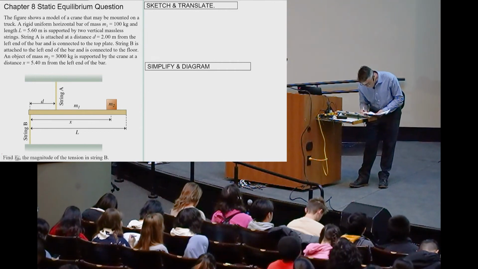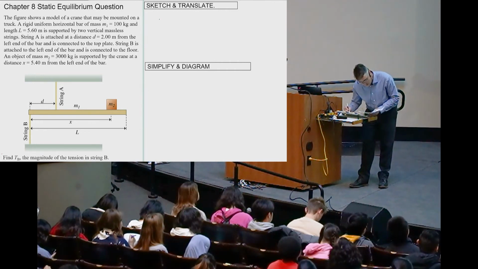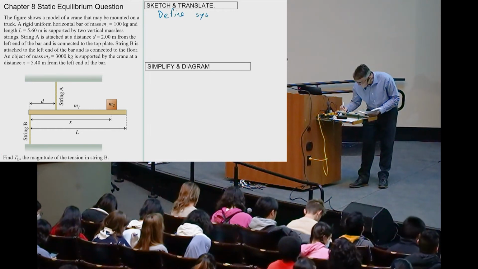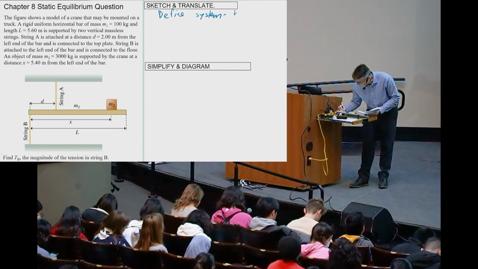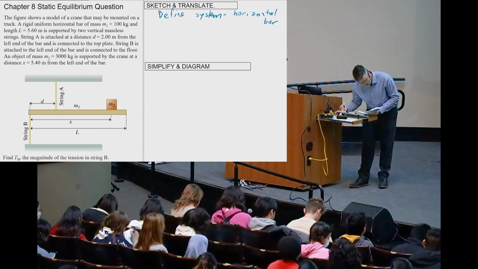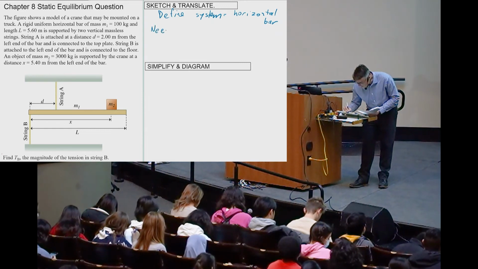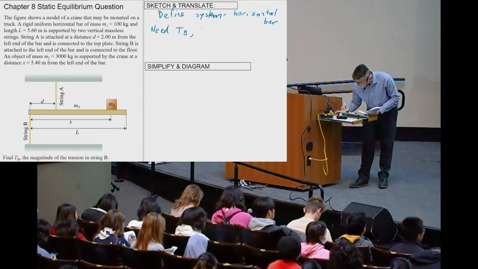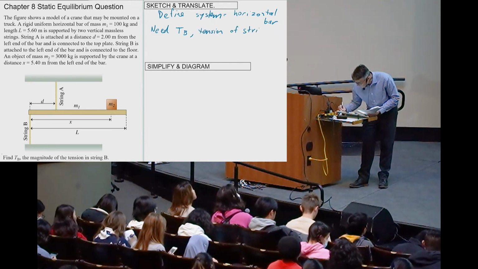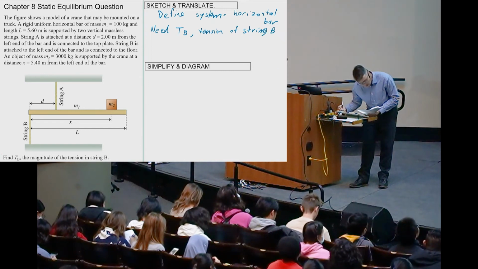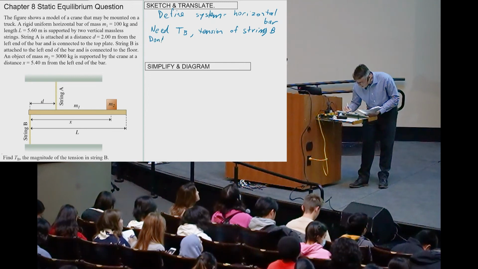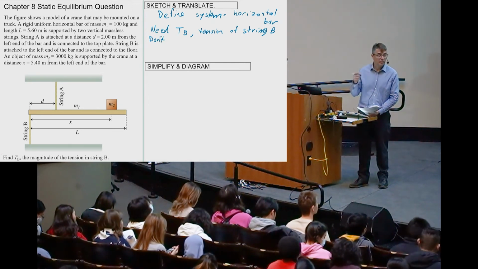So, my trick here is, first of all, define the system as the horizontal bar. And since I need TB, the tension of string B, and I don't care about TA, I'm going to set the rotation axis to be at the force I don't care about.